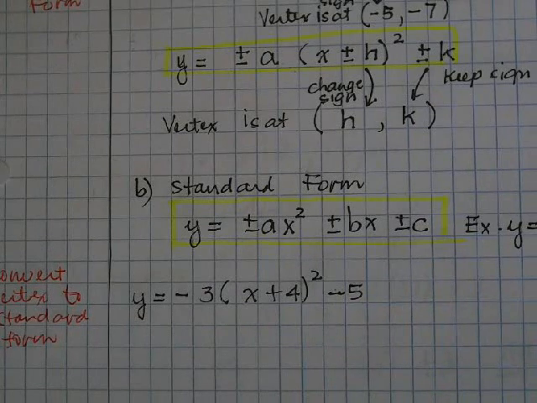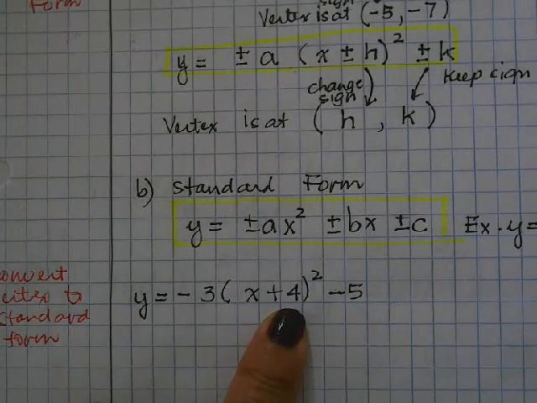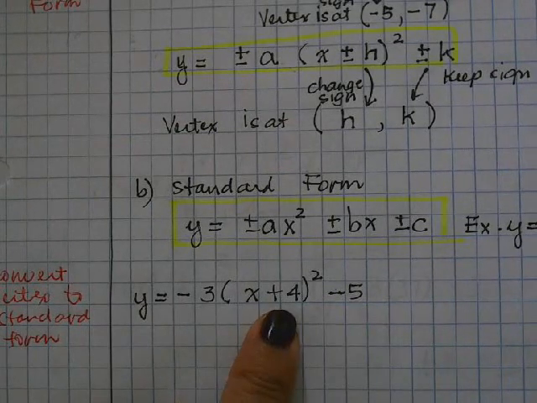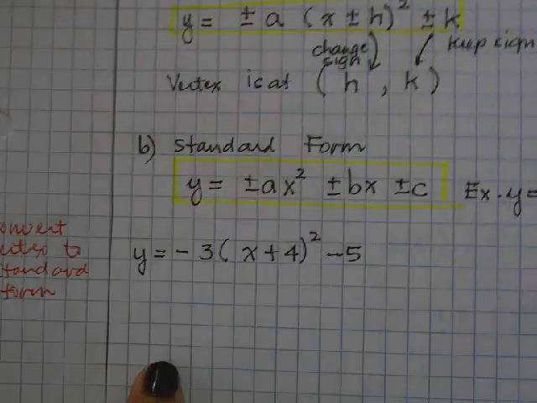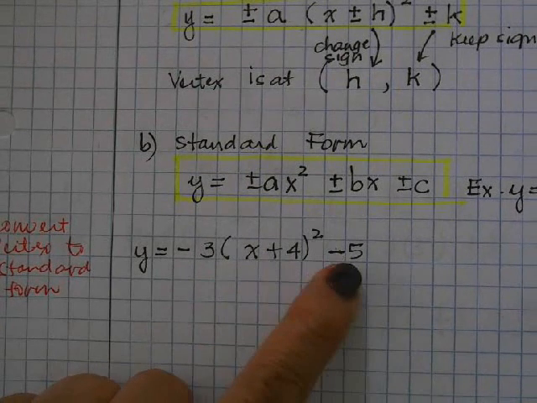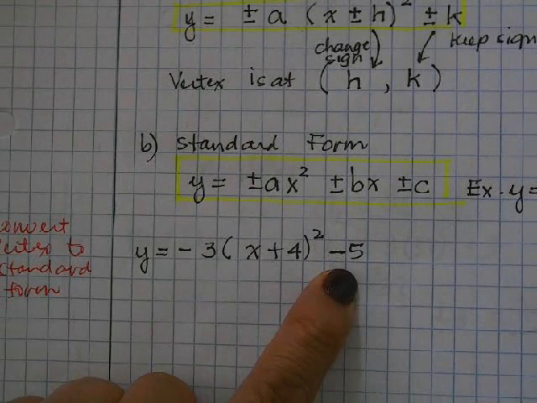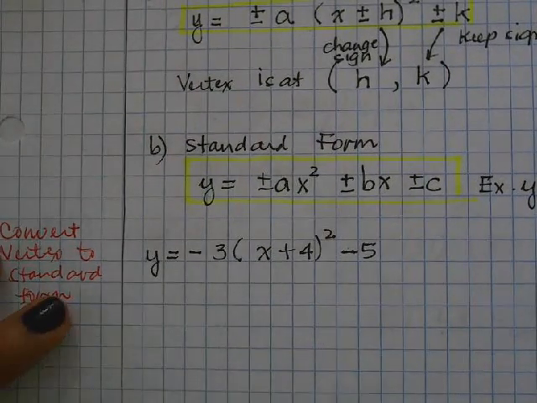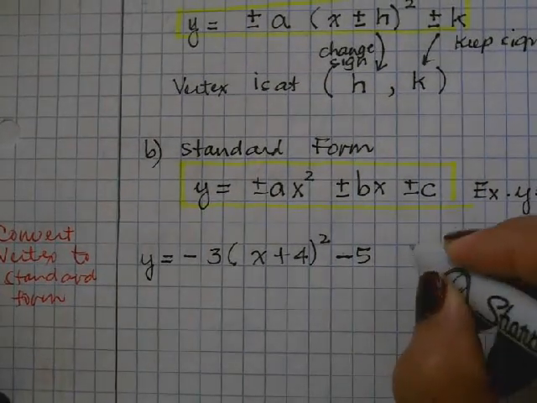The vertex of this, as we learned before, is at negative 4, negative 5, because this will translate 4 to the left and 5 down. So it will end at the point negative 4, negative 5. Change the sign, keep the sign. We know that just by looking; the vertex is easily seen.